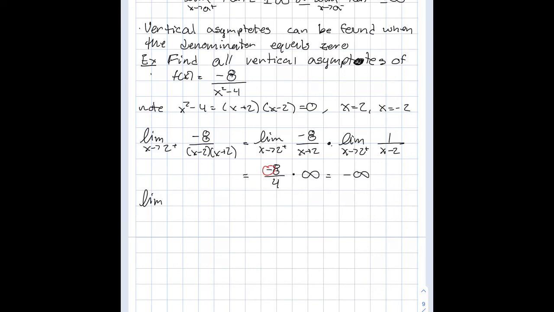Let's check the limit as x goes to 2 from the left-hand side.